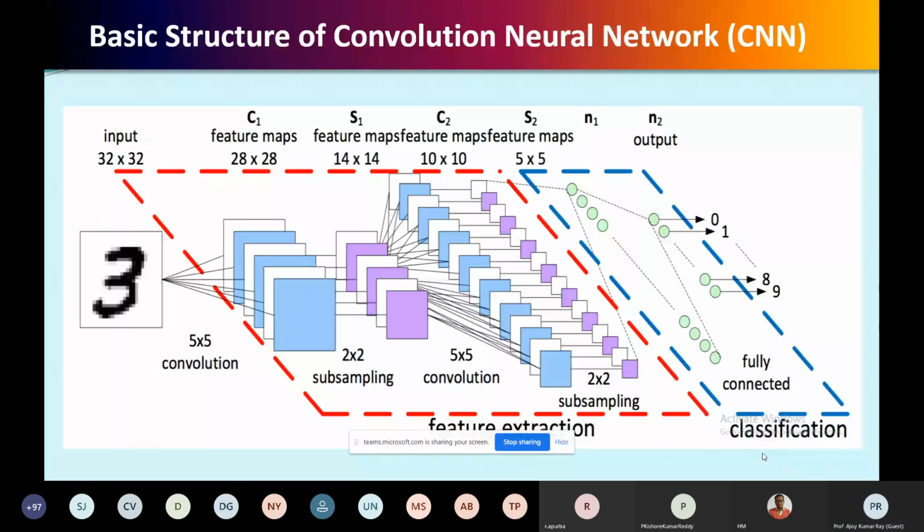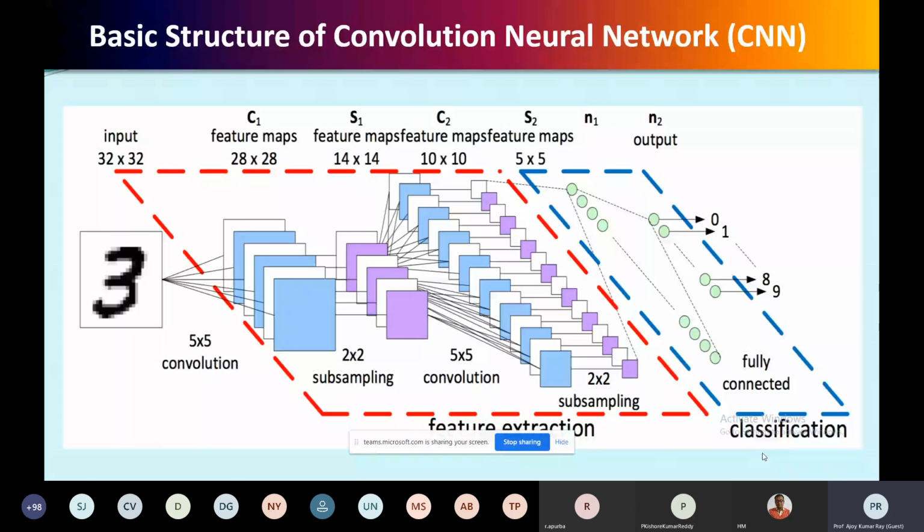As you can see, the red rectangle part is the feature extraction unit, and the blue part, that is the second part, is the classification unit. In the feature extraction unit, the entire pattern, say 3, you make it in the form of a 32 by 32 simple pattern. If it is a colored image, then 32 by 32 into 3 RGB image.